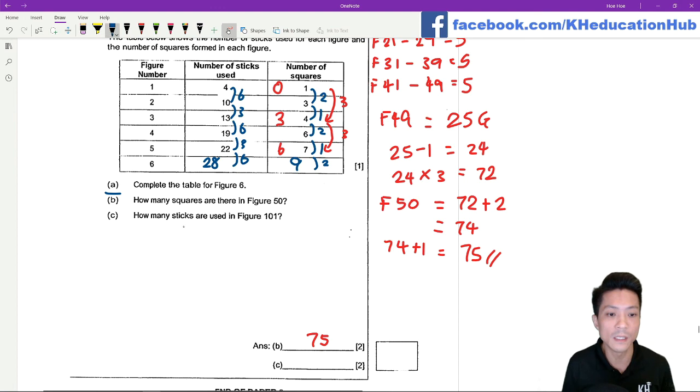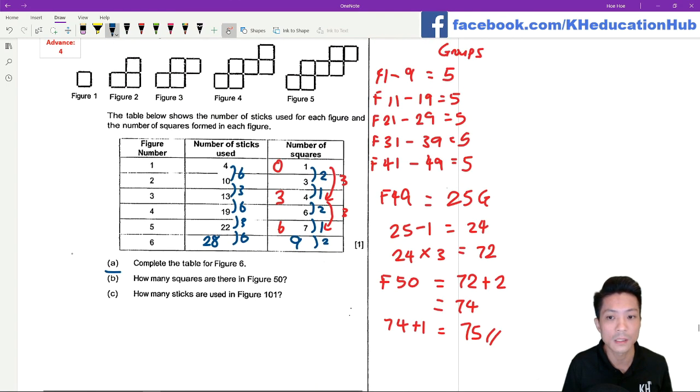Let's go into part C. How many sticks are used in figure 101? Okay, so from figure, let's see.